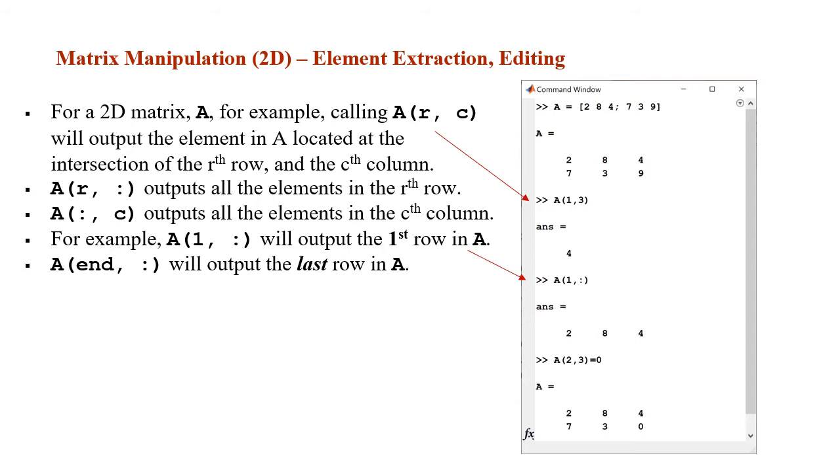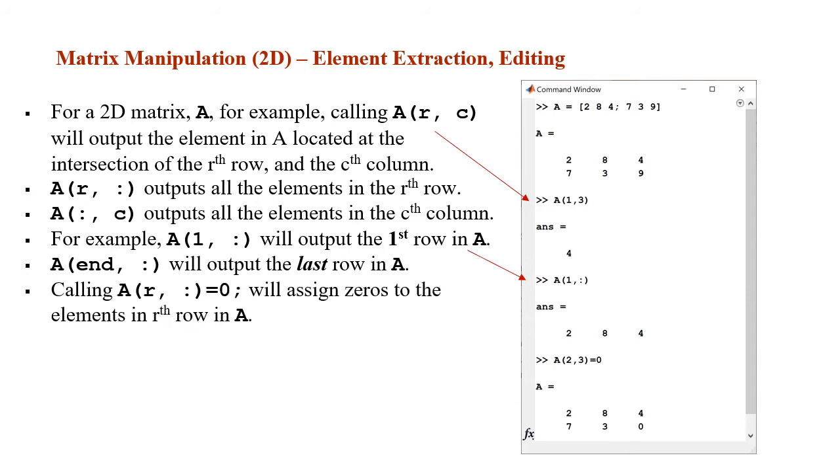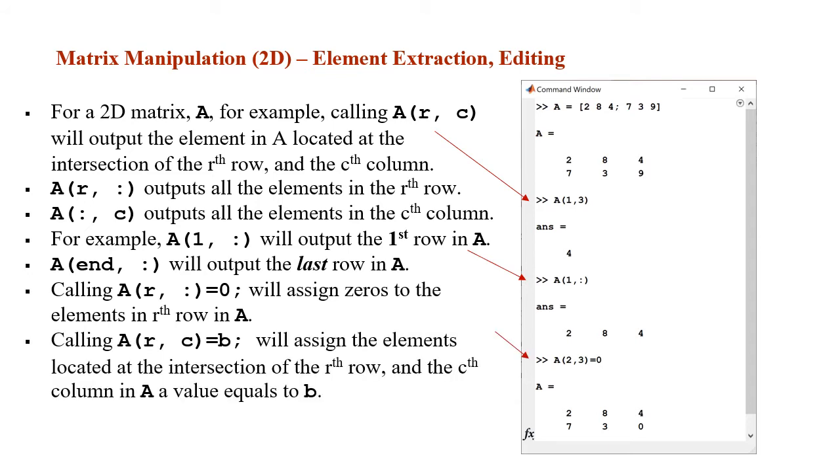So typing A(end,:) will output the last row in A. Calling A(R,:) = 0 will adjust the matrix A such that it will assign zeros to all the elements lying in the rth row of A. Here, finally, calling A(R,C) = B will adjust the matrix A such that the element lying at the intersection of the rth row and the cth column will be assigned a value equal to B, as we see in the example here.